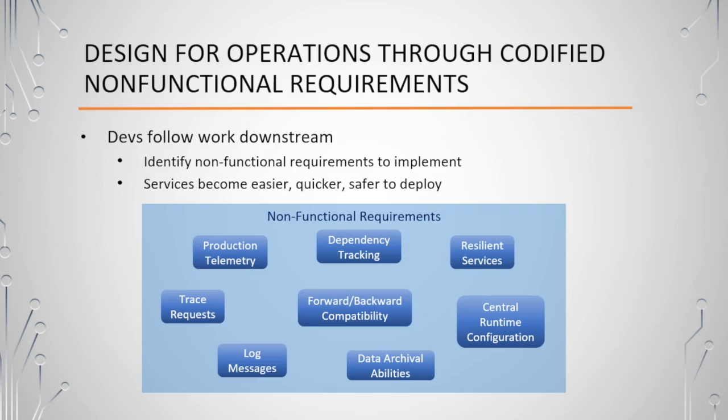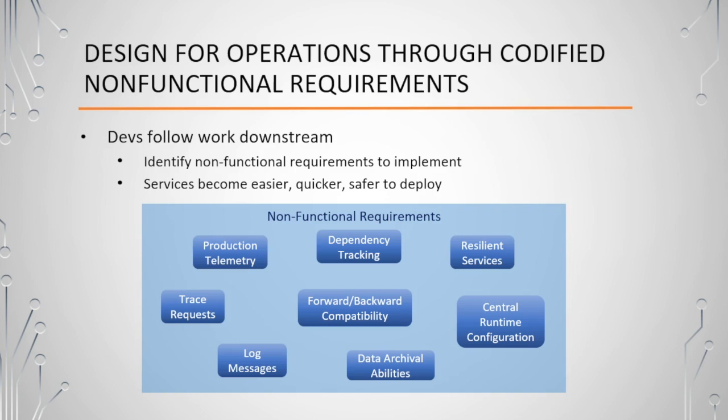When developers follow their work downstream, they get a better understanding of the kinds of issues operations face. Developers should try to identify ways to improve their code to satisfy the various non-functional requirements that exist.